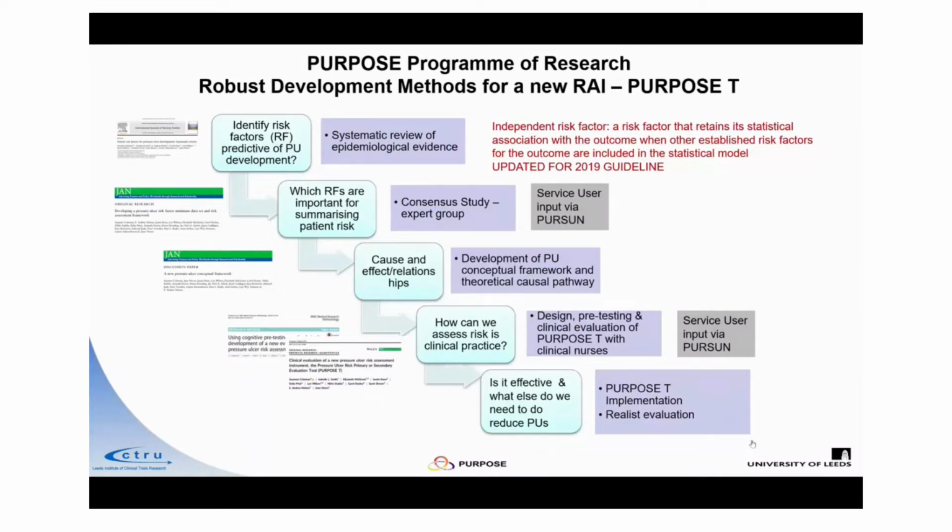We then developed that into a conceptual causal pathway, a theoretical causal pathway, to try and understand how many factors that potentially contribute to risk, which we use in clinical judgment all of the time, how they actually fit together and how we can make sense of them in a structured way.